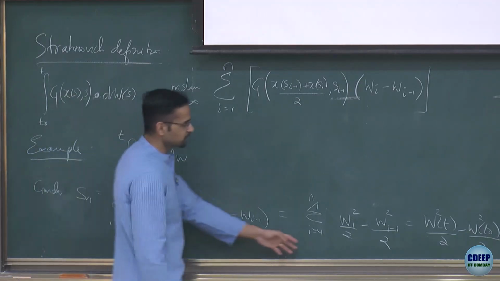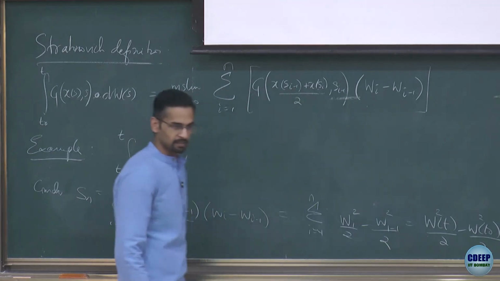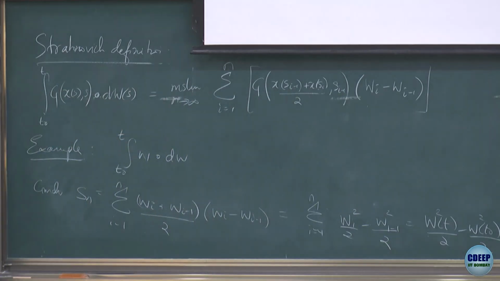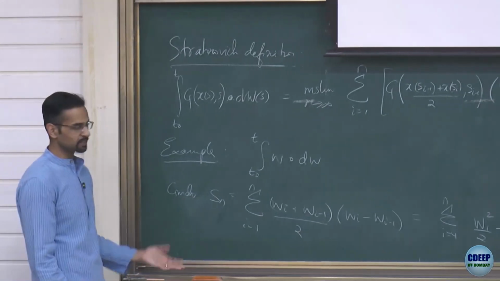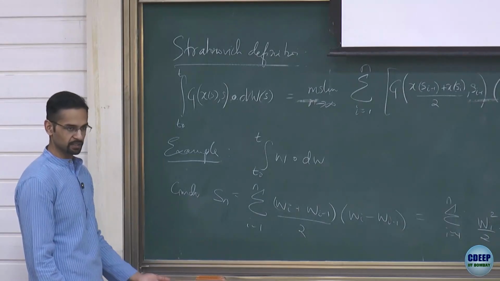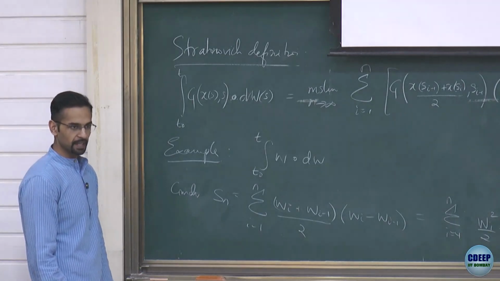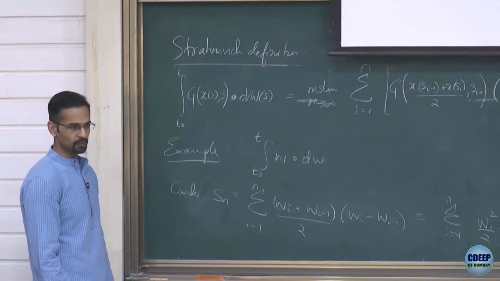Then it immediately gives me the usual answer. Now, it looks like a trick. Of course, it doesn't mean that in all integrals it will give the usual answer just from this, but it turns out that it does, and we will see why in the forthcoming classes.